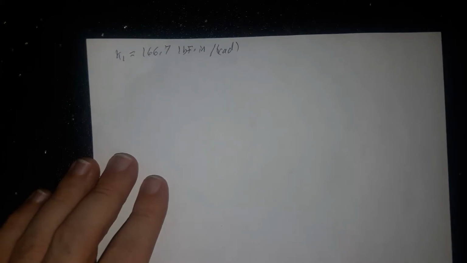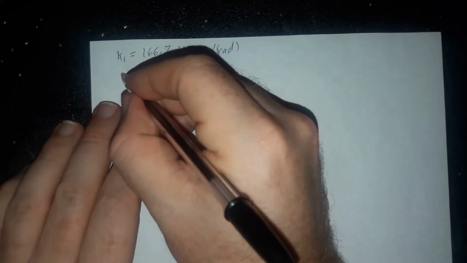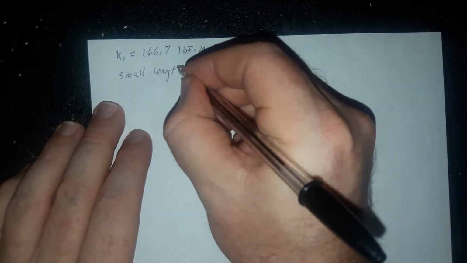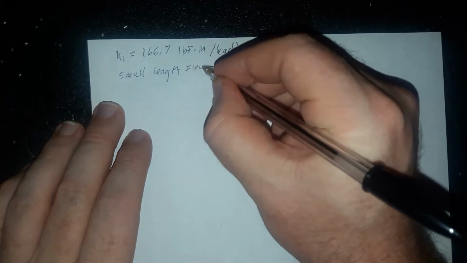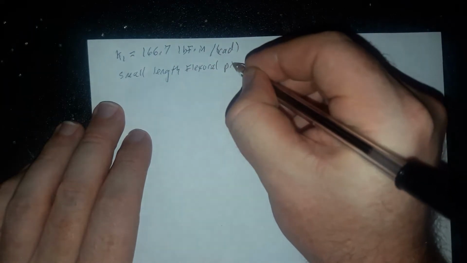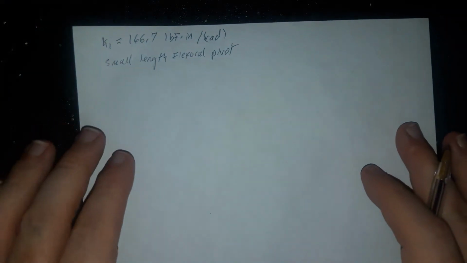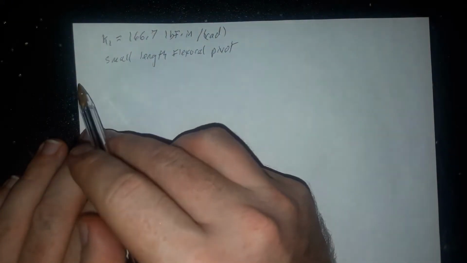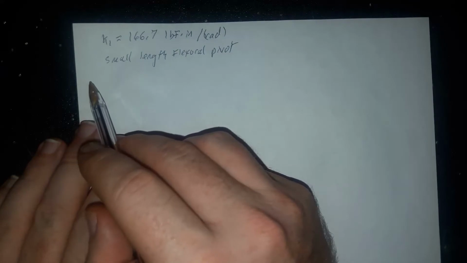The problem doesn't say, so just for grins, I'm going to take this to be a small length flexural pivot. Now I would get different designs if I went with a different pseudorigid body model.